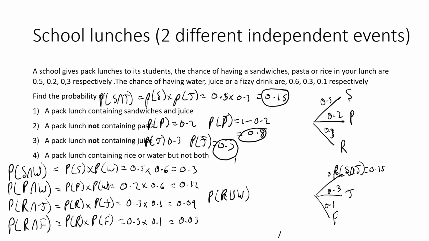This U symbol means or, and we will get 0.54. So the probability of a packed lunch containing either rice or water, but not both, is 0.54.